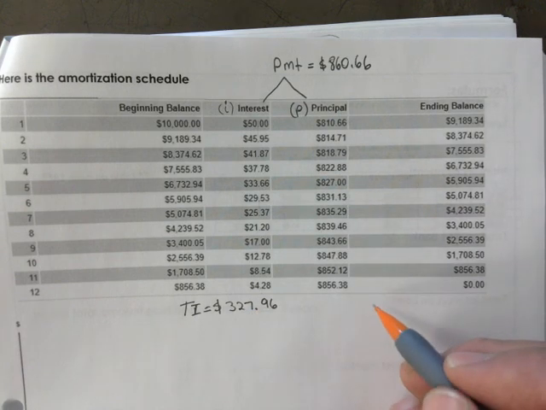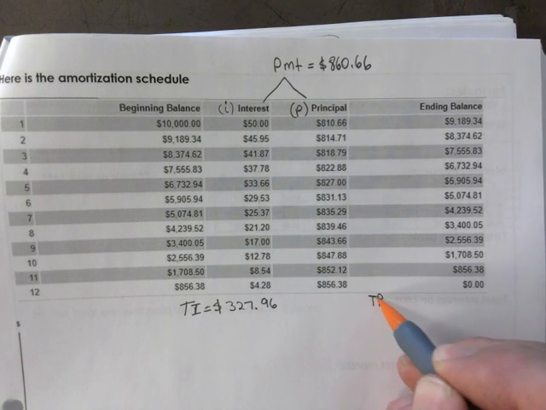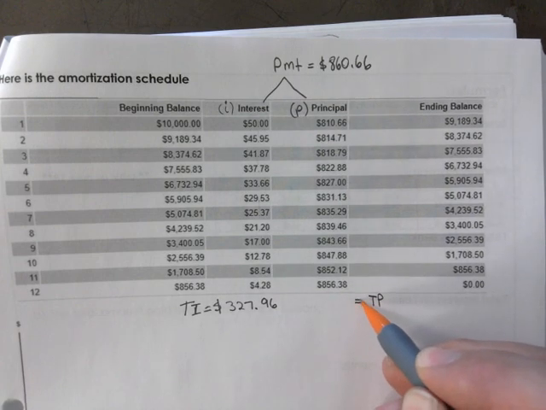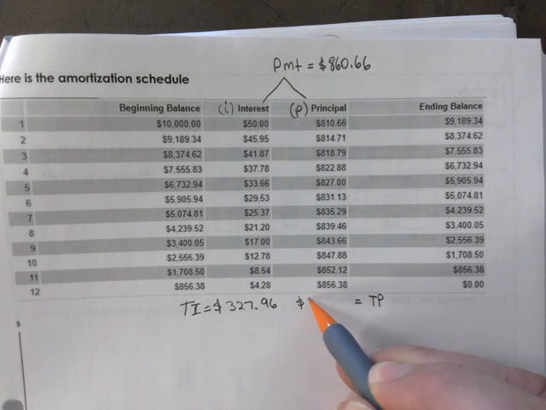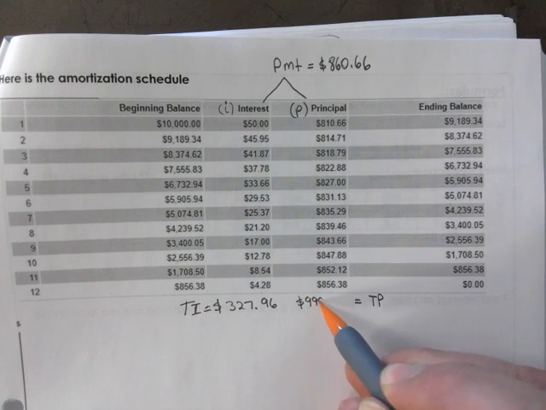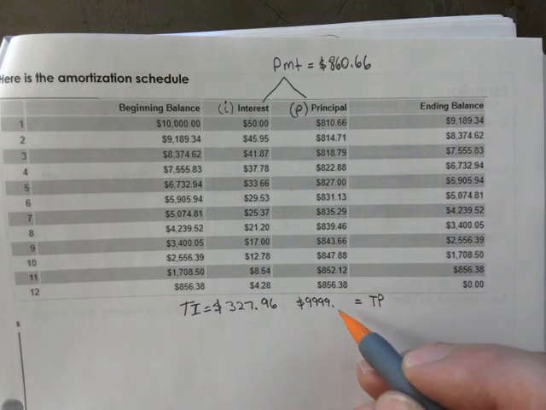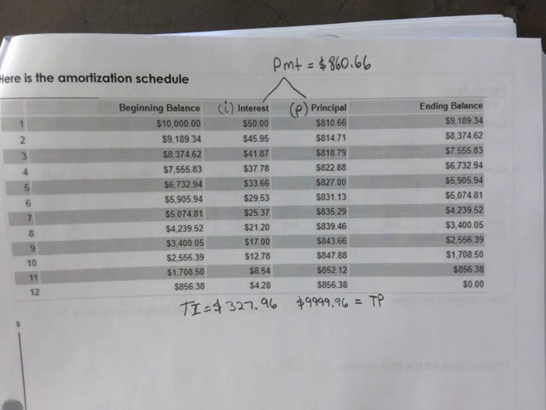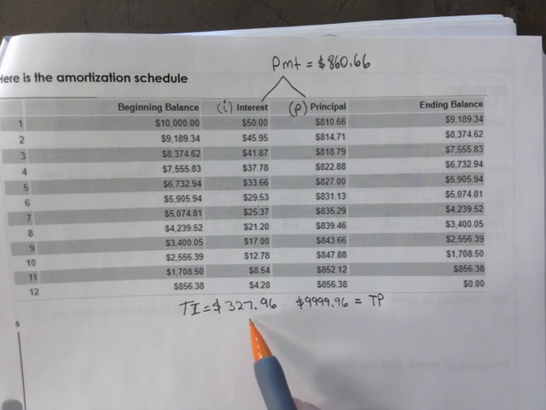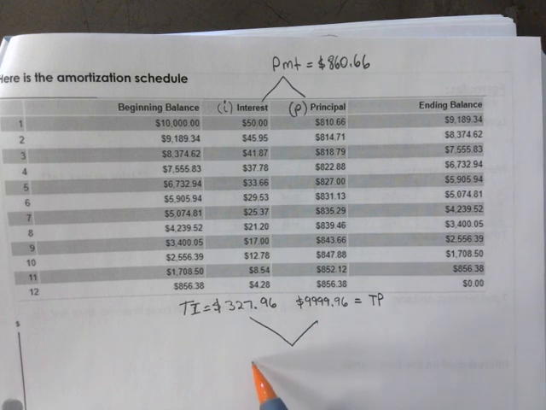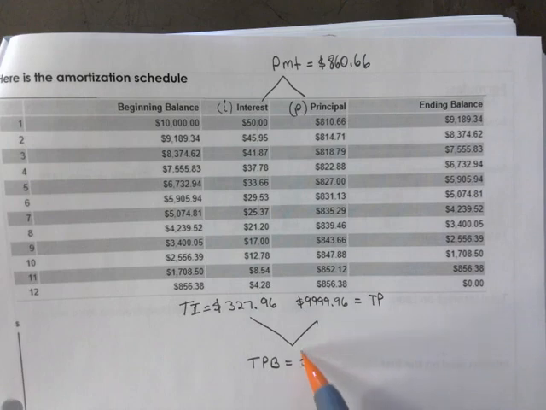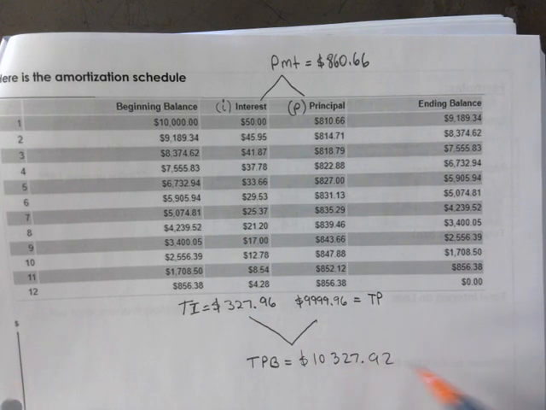And this column right here is called the total principal. This one right here adds up to, watch this, $9,999.96. Sorry, did I get 96? 96. But these two together give you the total paid to the bank, which is $10,327.92.